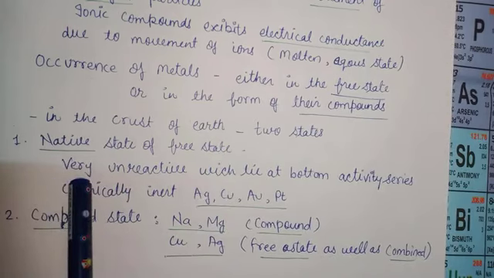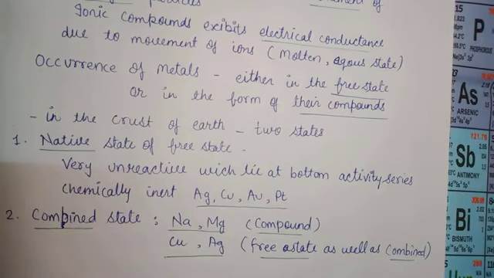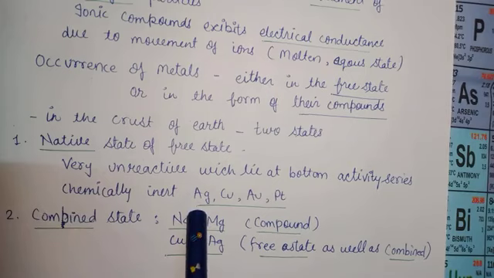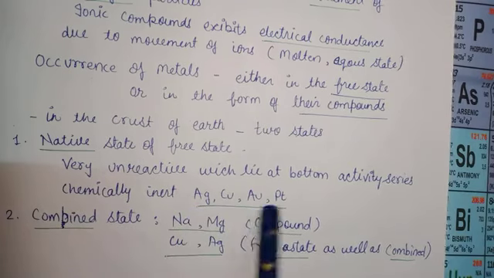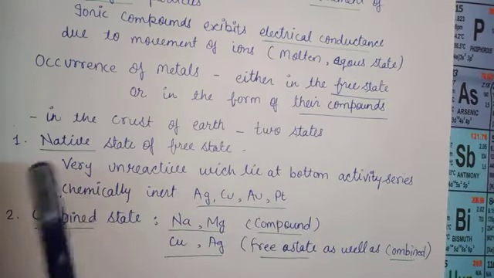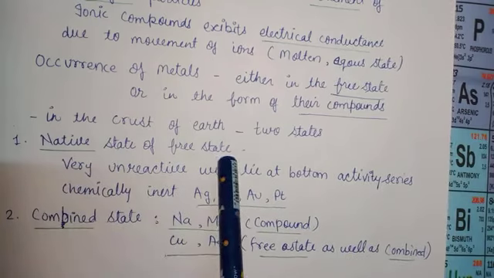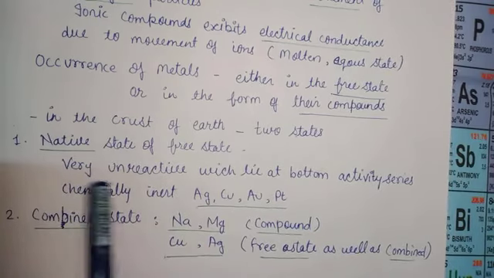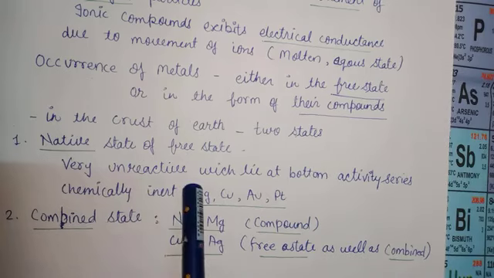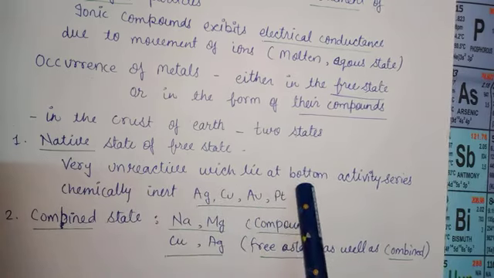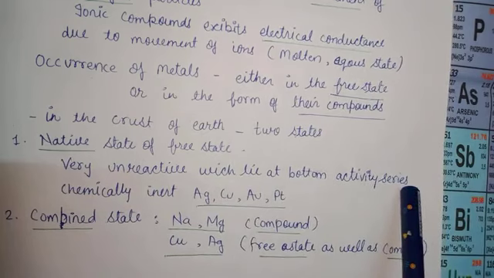In the native state in the earth's crust, metals are very less reactive, or we can say unreactive or inert, because they lie at the bottom of the reactivity series, like silver, copper, gold, and platinum.